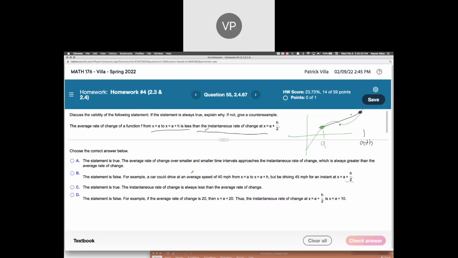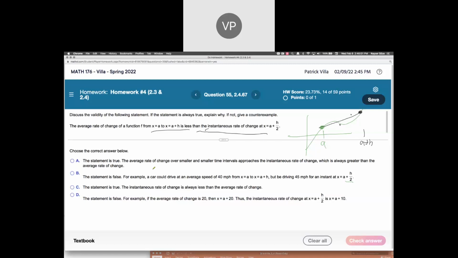So what it's saying is here, looking at my examples, it's not a true statement. See, average rate of change. I want to read them. Yeah, and this is the tough part of these. You got to read them all and make sure. Okay. So it does approach it, but it doesn't mean it's always going to be greater. False because a car could drive at an average speed of 40 over it, but could be driving 45 at that moment.